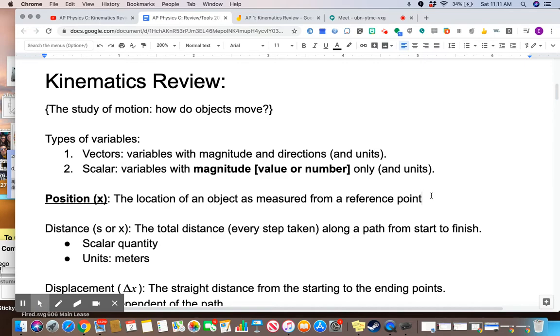Usually we get to determine that reference point, and we measure that reference point as the 0 mark, but sometimes it's given to us. Feel free to stop me if I am going too fast or you have questions, okay? Okay, cool.